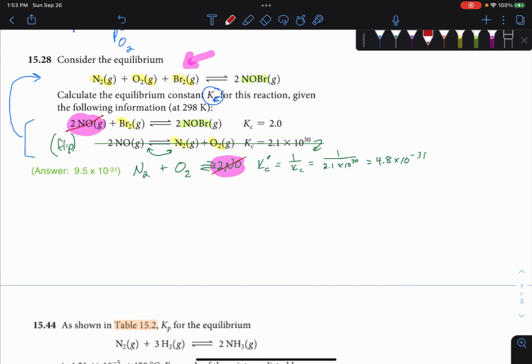It actually allows you to cancel that particular chemical species out of the given equilibria, and that is consistent with the fact that there's no NO in that target equation.